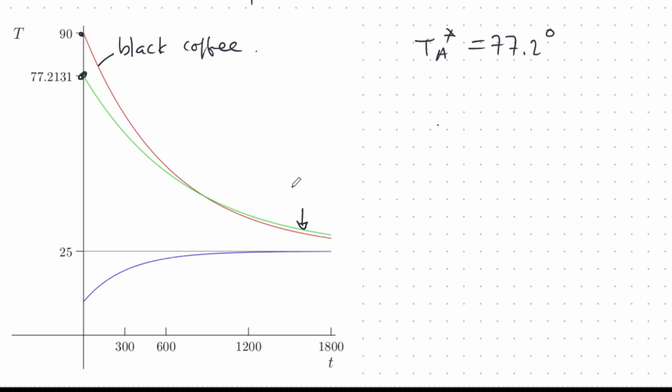Why does this happen? You would think that that's impossible. It's got to stay below. Well, no, it doesn't, because tau scenario A is not the same as tau 1. This has a decay time, a characteristic time of tau 1. This has a characteristic time of tau A, scenario A mixed.